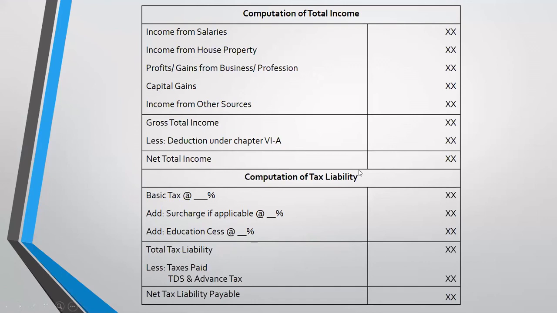Then for computation of tax liability, basic tax at an X rate, which we are going to look at in the next slide. Surcharge is added to the basic tax, and education cess is added to basic tax plus surcharge. Thus you arrive at your total tax liability. You reduce the taxes paid, the TDS and advance tax, and that is how you arrive at your net tax liability.